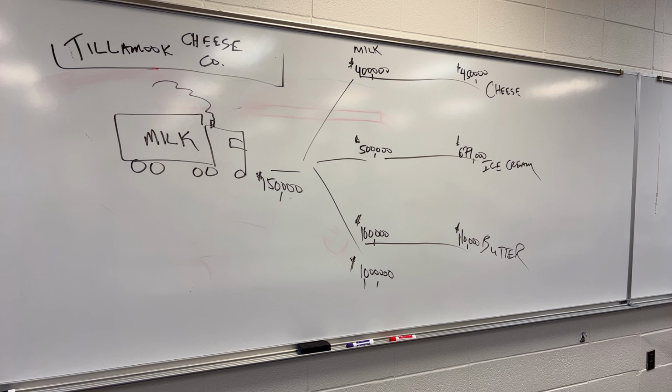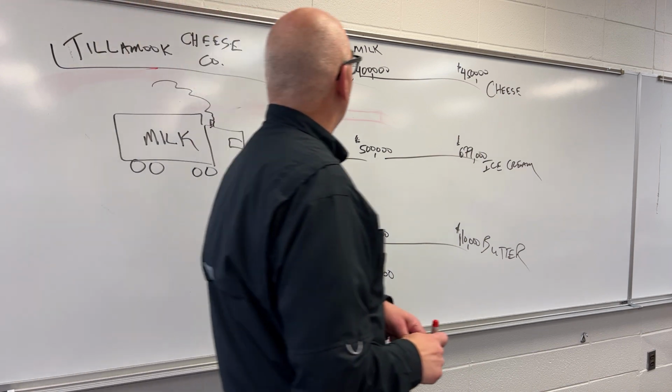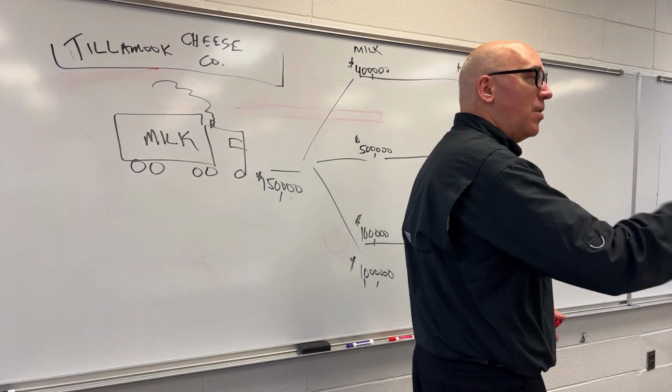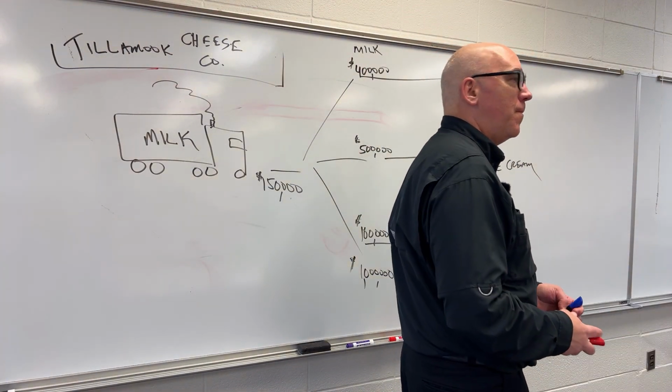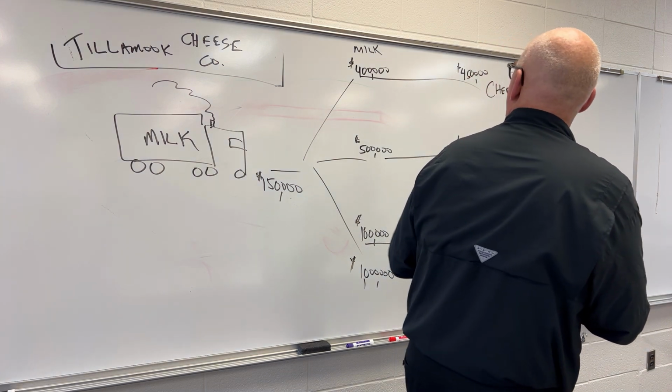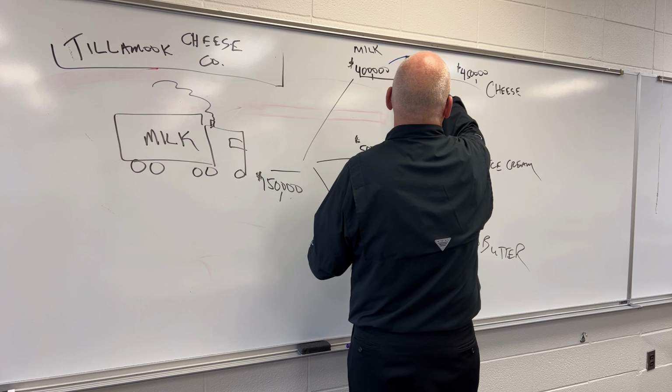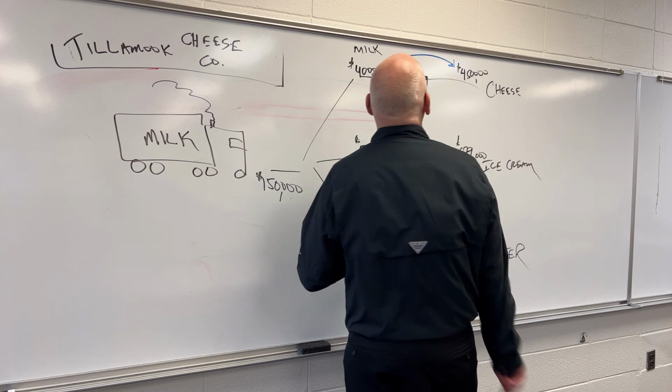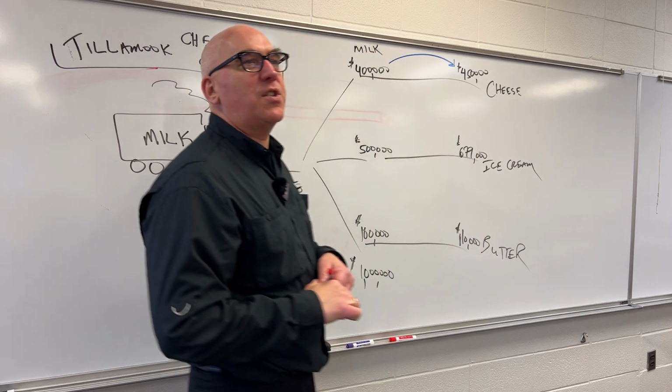So I get rid of all the parentheses. So tell me again, please. What 2 numbers did you compare? 450,000 minus 17,000. So let's get this on the board first. How much more can we sell cheese for than milk?